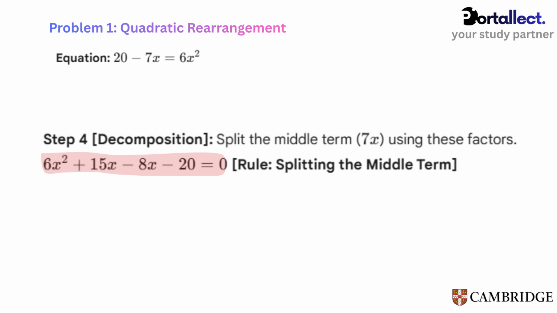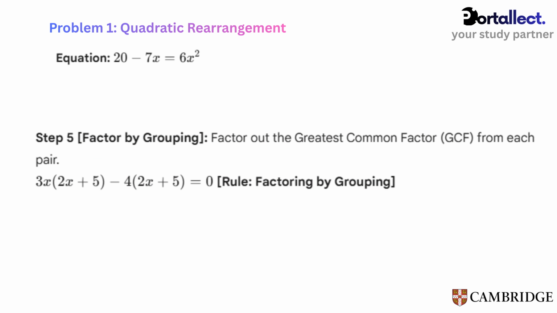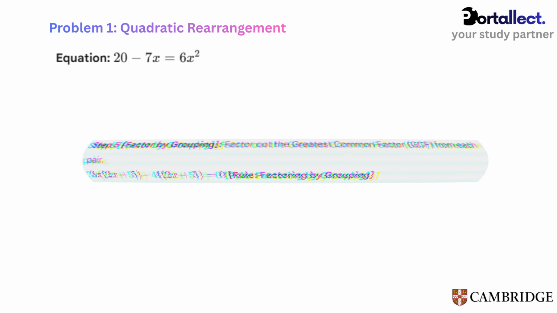Next, we rewrite the middle term. The equation becomes 6x squared plus 15x minus 8x minus 20 equals 0. Now we factor by grouping. From the first pair, we factor out 3x, leaving 2x plus 5.